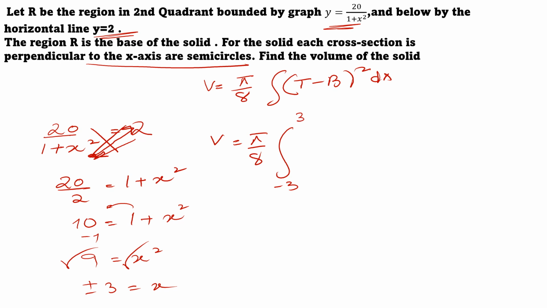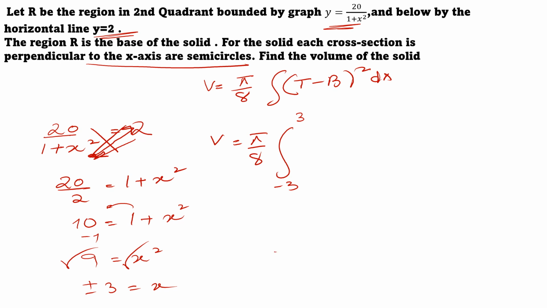Now you should make sure that the equations you are writing are correct. It means you should know what could be on the top and what could be at the bottom. And if we cannot visualize, we don't have the calculator. So in that case, look at this one.